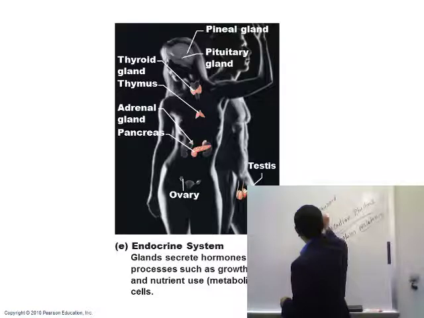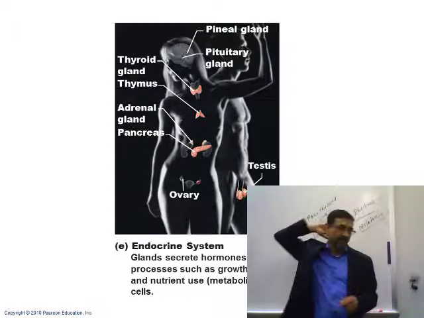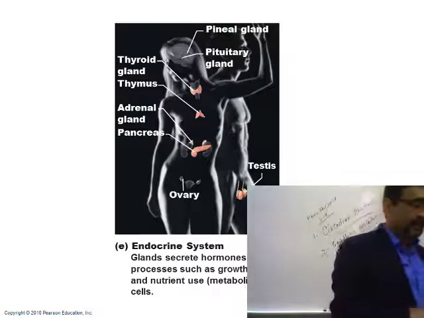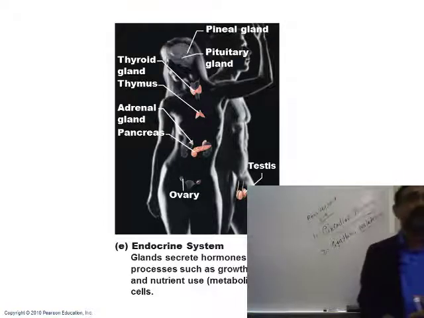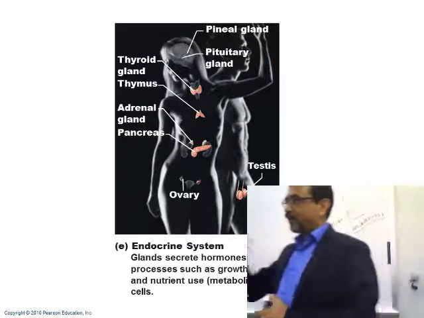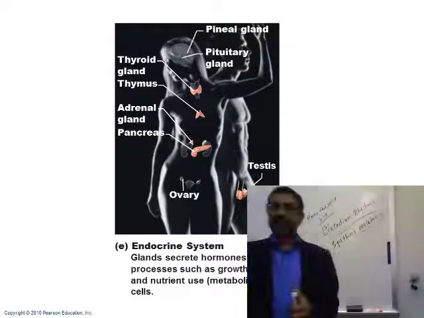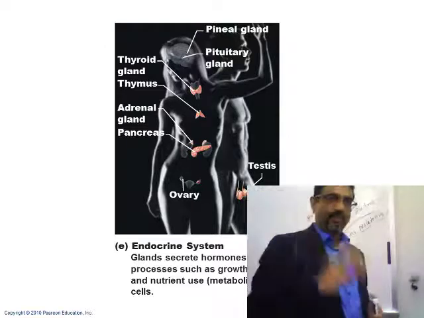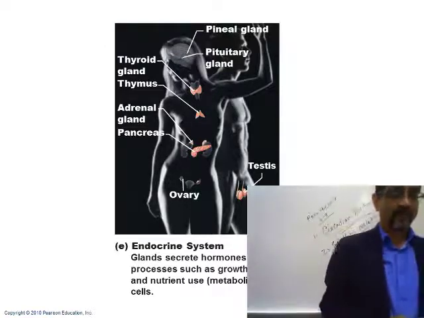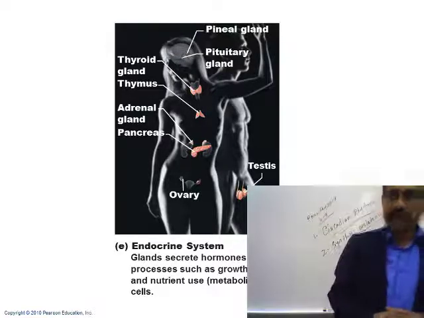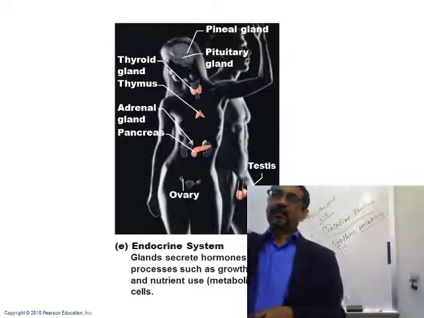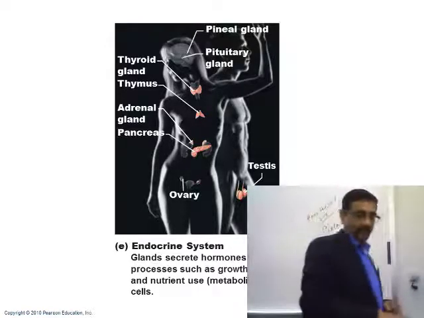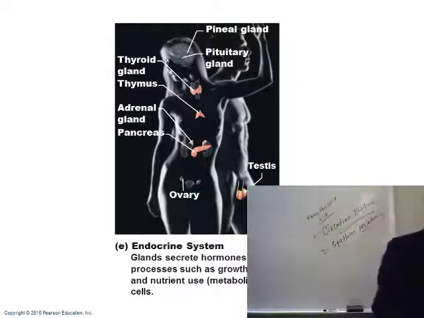These glands are very important. Why? Because parathyroid glands regulate blood calcium. If the blood calcium goes down, the parathyroid hormone increases the calcium level in the blood. So very important.